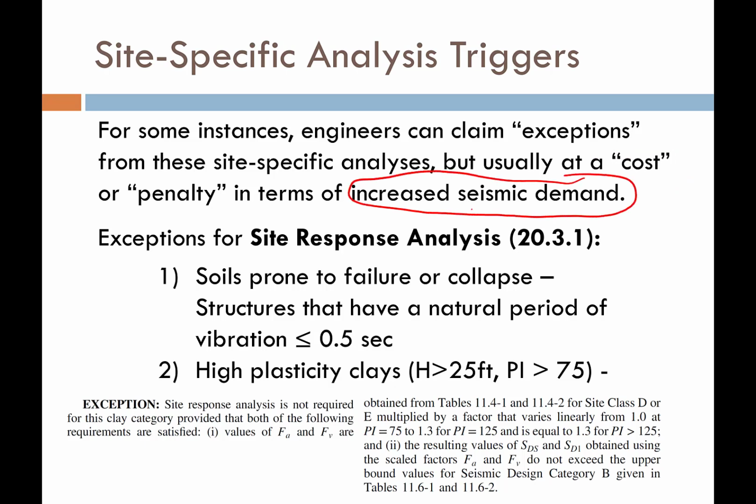So sure, we'll let you go back to that general procedure, but you're going to have to jack up your design ground motions in order to do that. And if the engineer is okay doing that and designing to higher seismic demand, then that's fine. The code allows them to do that. But if they don't want to have that jacked up seismic demand, then they need to do a site-specific approach.